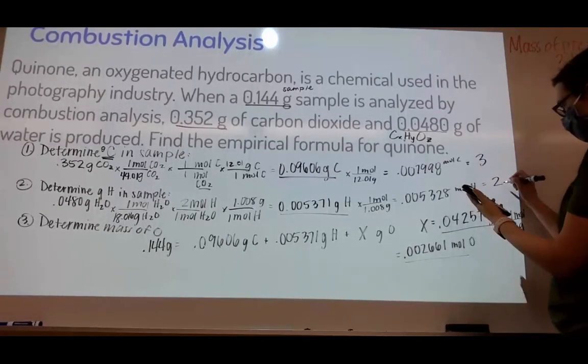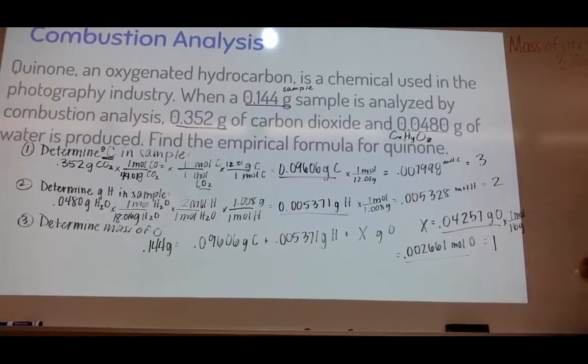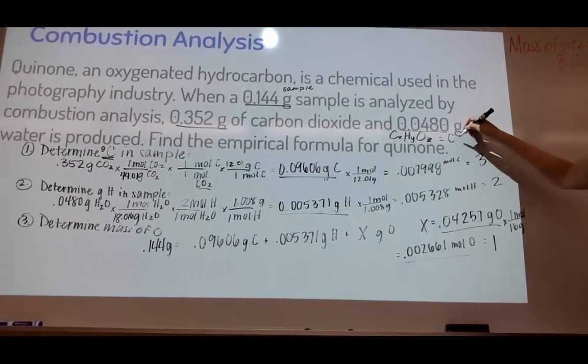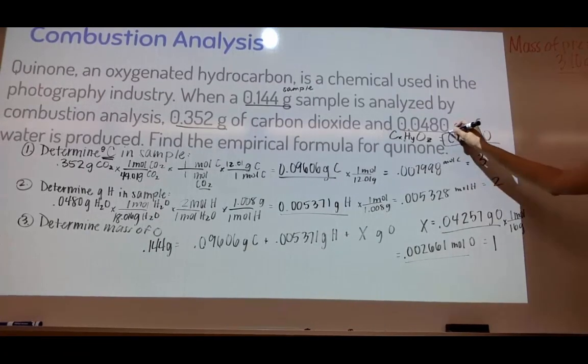This is 2, and then this is 1. This is my ratio. These are not my subscripts. So we have C3H2O. There's our empirical formula.